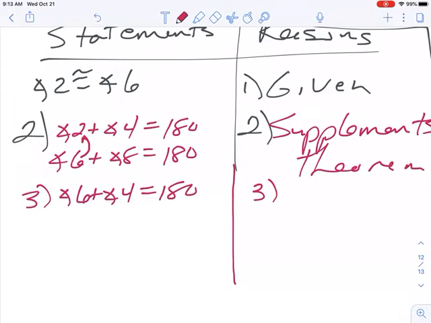Do I want to do that? Angle 6 plus angle 4 is 180 by substitution, of course.